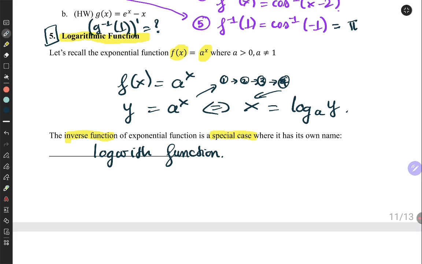Any question? Okay. I'll give you the idea why we study logarithm. To know why we study logarithm, can you give me the idea why we study exponential?